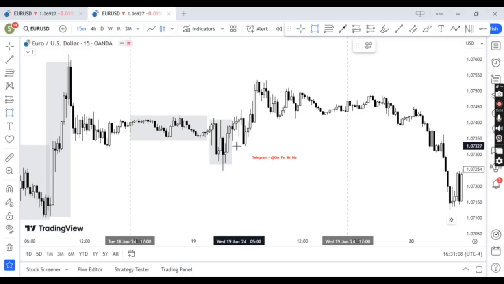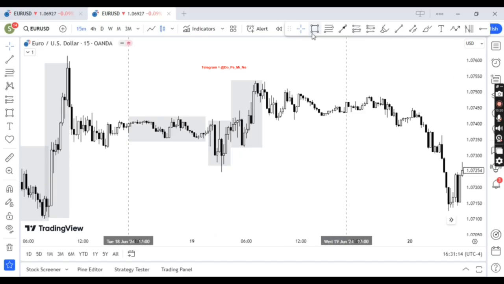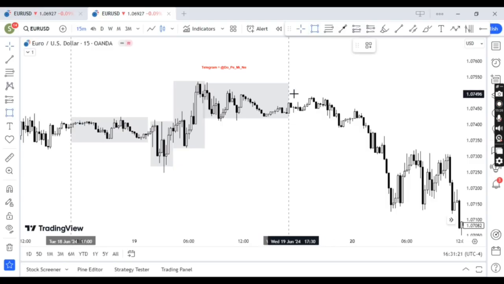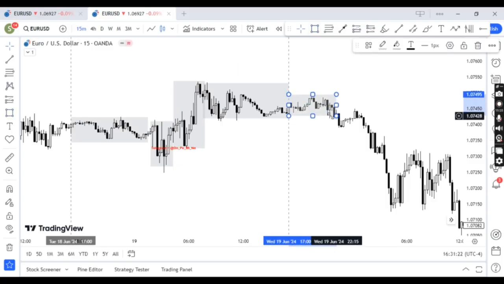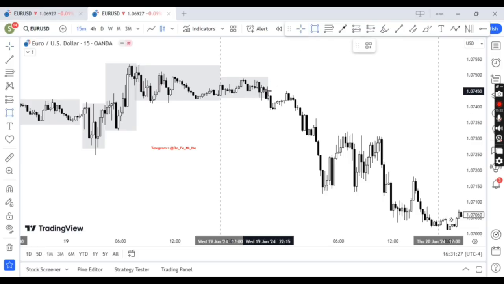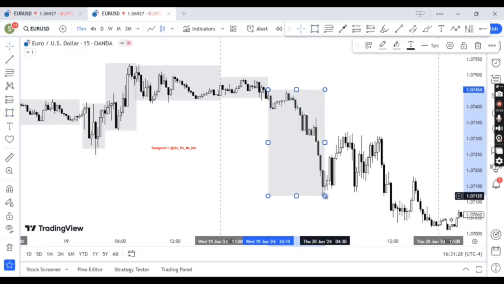And then after that we had an expansion in the opposite direction, right? And then we had this kind of retracement which turned into a consolidation or a ranging profile right after this opening time. And then we had what? We had an expansion in this case.